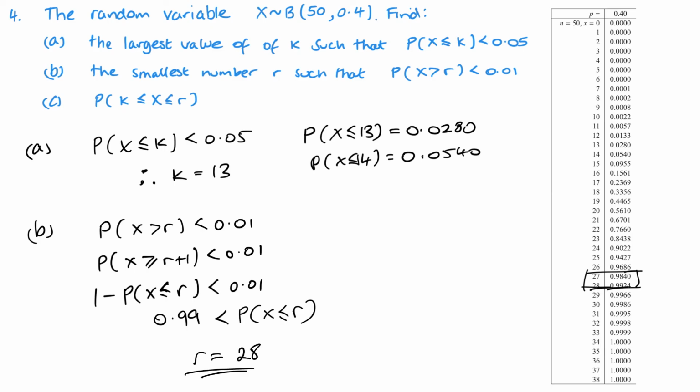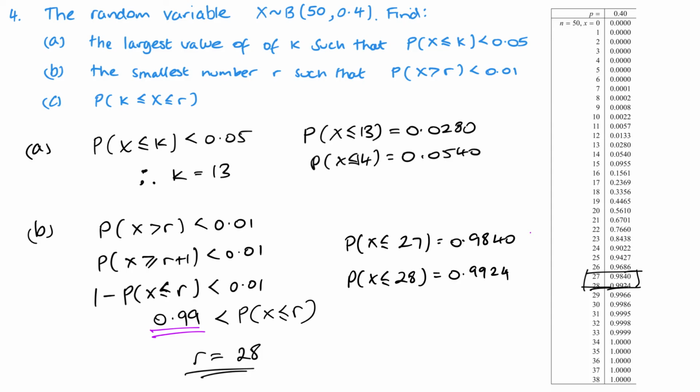And just on my side for those values there, you know that x less than or equal to 27 gave me 0.9840, and x less than or equal to 28 was my 0.9924. Now, if you think of these values in terms of what we were looking at here, we wanted greater than 0.99.